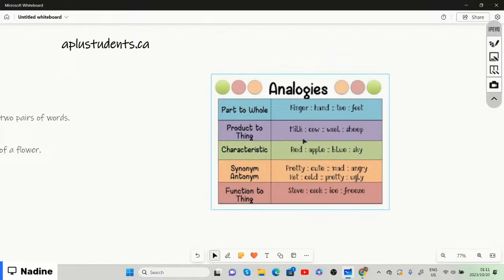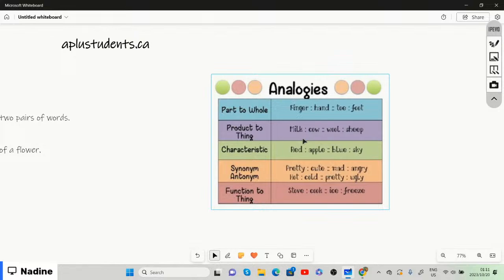Milk is to cow, right? So we get milk from the cows. So the relationship between the milk and the cow is that we get milk from the cow. Cow produces the milk, right? And then we have wool to sheep.